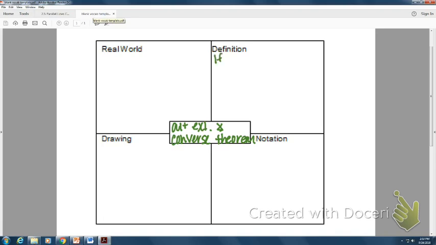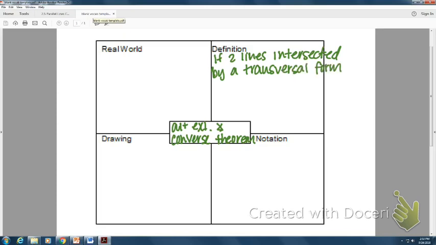If two lines intersected by a transversal form congruent alternate exterior angles, then the lines are parallel.